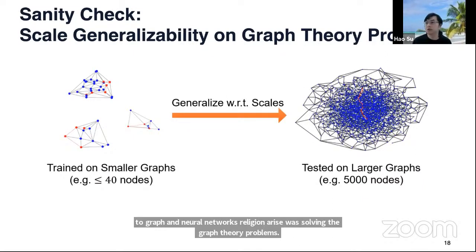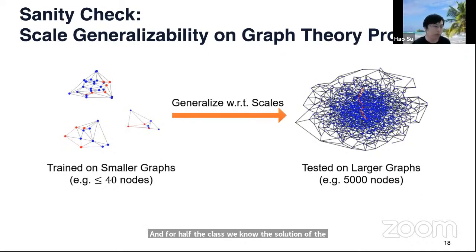Perhaps because we know the solutions of graph theory problems very well, we could use the comparison to suggest certain improvement directions. Our experiments will be based on the assumption that we use graph neural networks to solve graph theory problems on smaller scale graphs, and at test time, we evaluate the performance. We call this kind of check the scale generalizability.